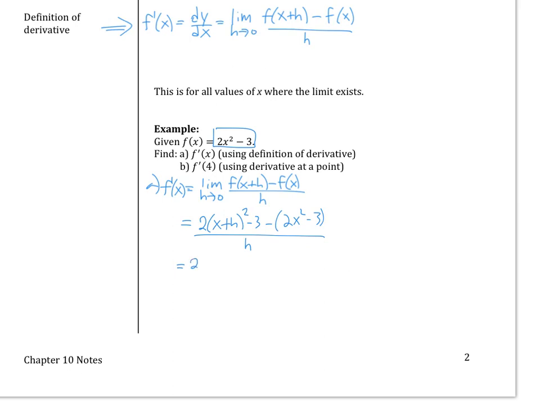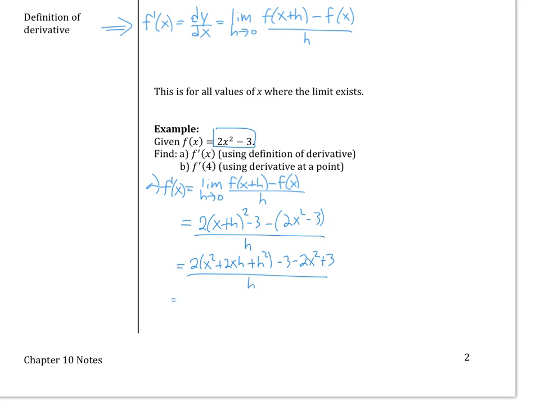I'm going to do foiling really quickly. So x plus h squared is x squared plus 2xh plus h squared, times 2, minus 3. Then I'm going to distribute in that negative: minus 2x squared plus 3, all over h.